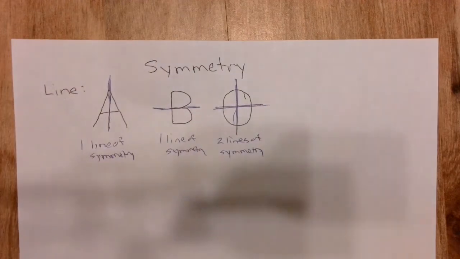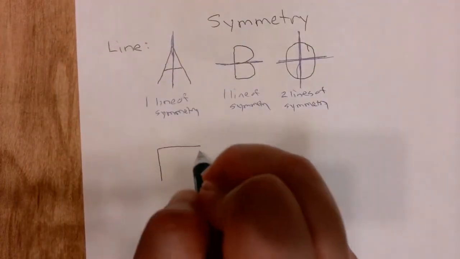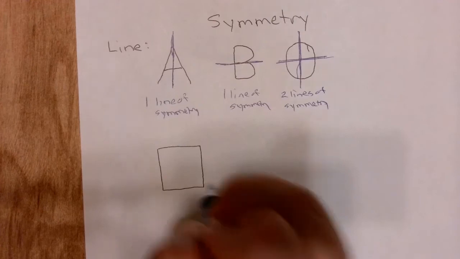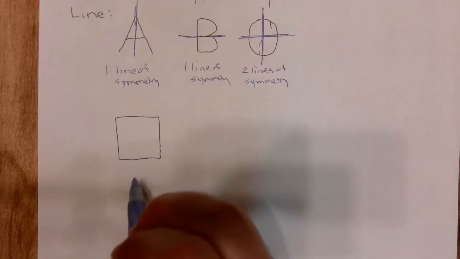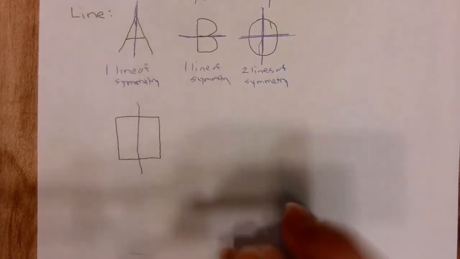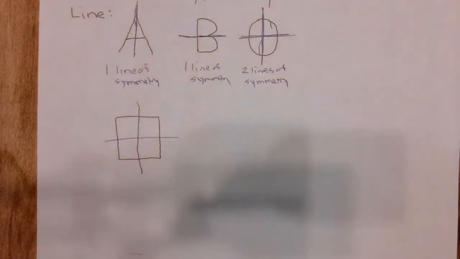So let me do a couple of shapes. What about a square? Well, a square you could fold vertical. You could fold horizontal. But what about any others? If you happen to have ever done origami, the art of paper folding, to make a paper crane or a hat or something like that, you're supposed to start with a square.